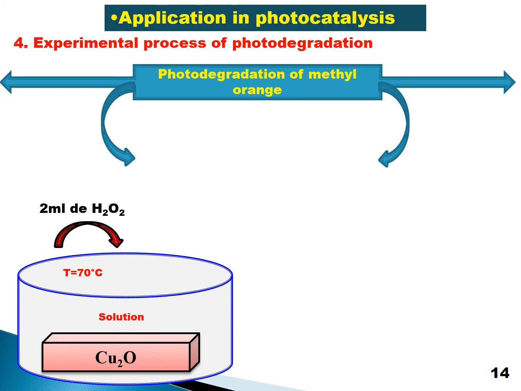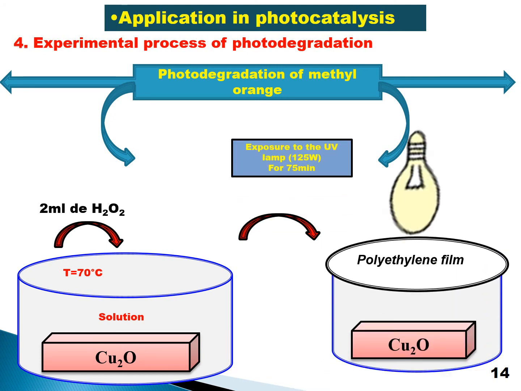The experimental process of the photodegradation contains the solution of methyl orange and the film of copper oxide in the presence of H2O2 at a temperature of 70 degrees C, and the whole is exposed to UV radiation.